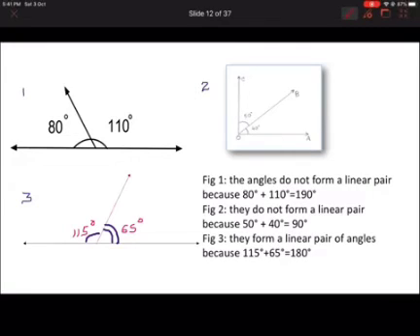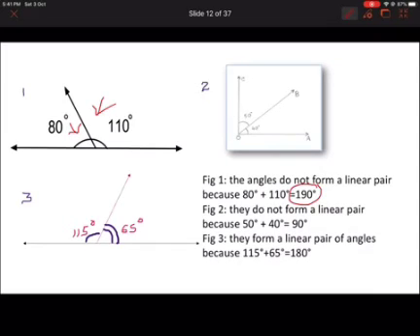Though they are adjacent angles, the sum is 190 degrees, so they do not form a linear pair.